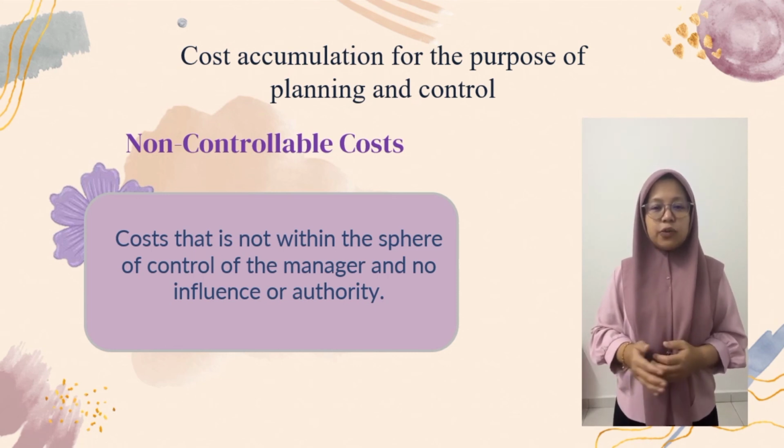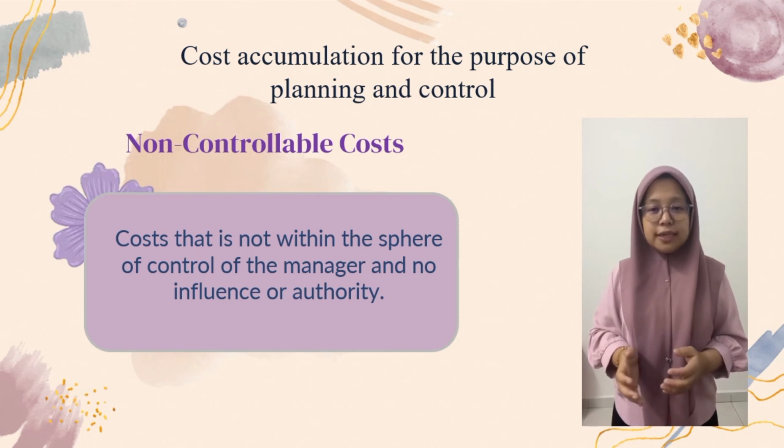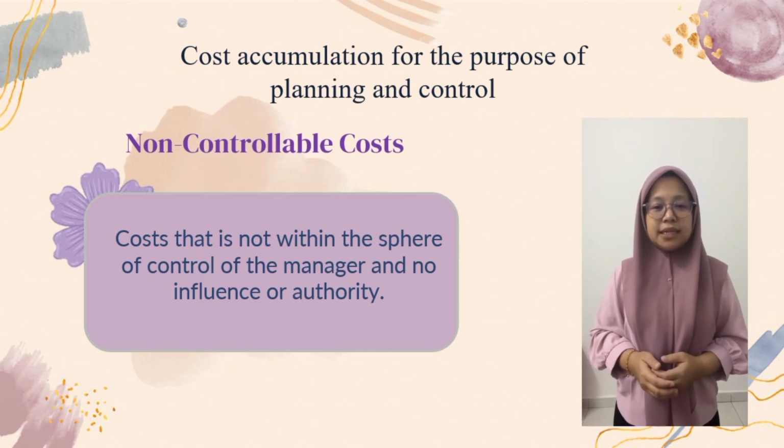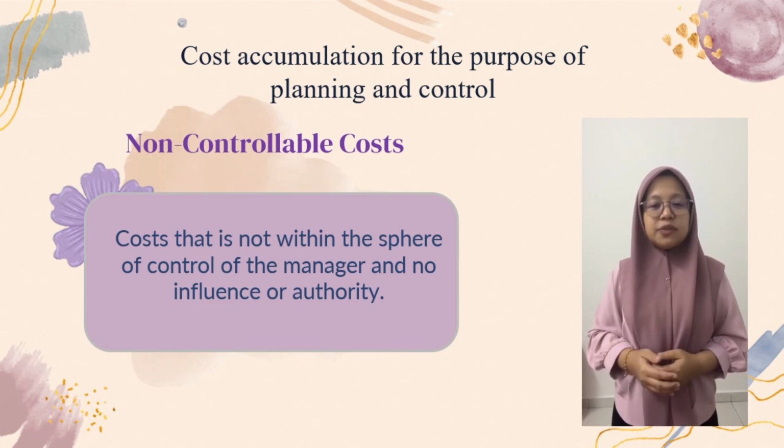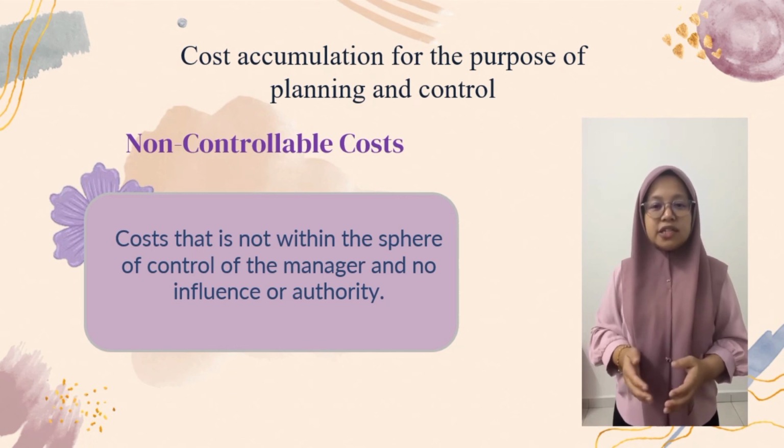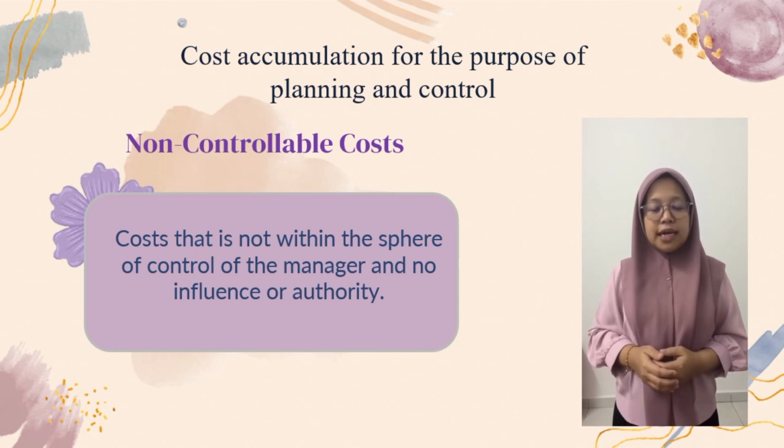The costs that qualify as uncontrollable due to their fixed nature include those expenses that have been committed and must be incurred irrespective of the level of output the business generates. Examples include rental payment, interest on a long-term loan, and periodic depreciation charge.